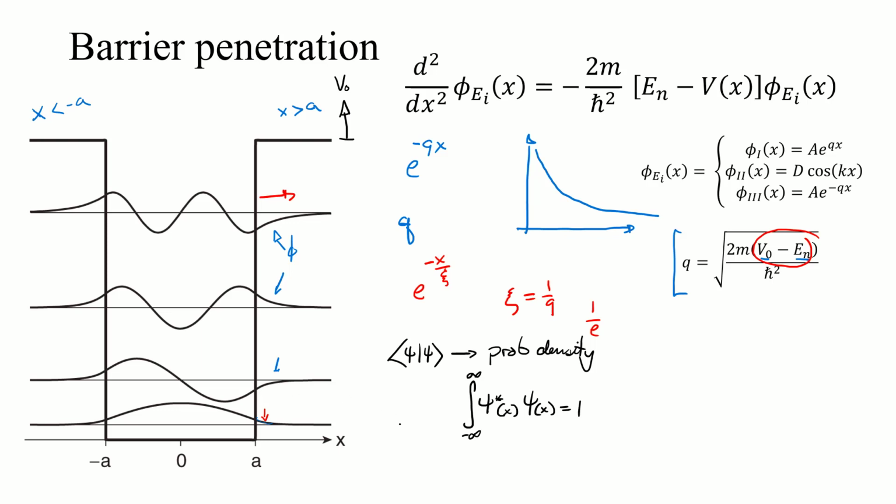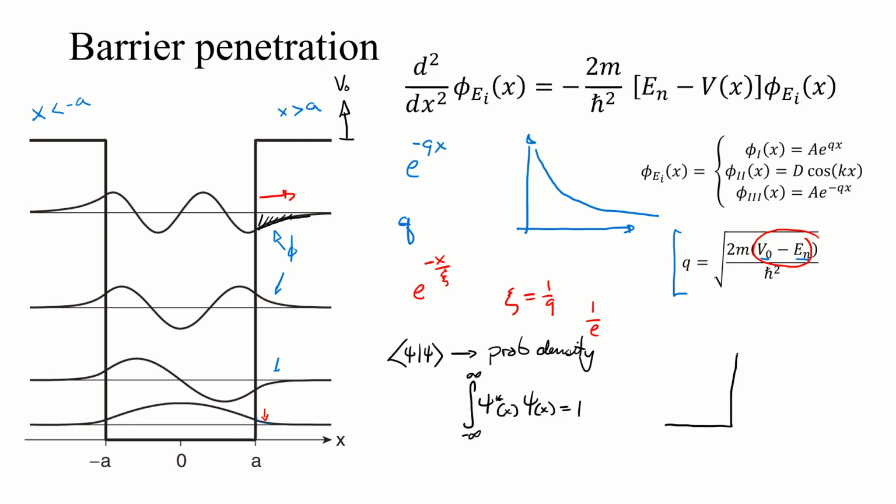We normalize over everything. We get the probability of that particle being somewhere as 1. But the point is, this wave function having a finite value in the boundary means there is a finite probability that if you were to measure the position of that particle in the boundary, there's a chance you would find that particle there. This is going to become very important when we talk about the process of tunneling.